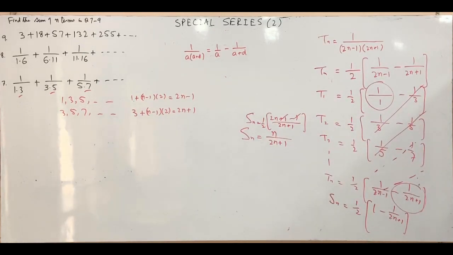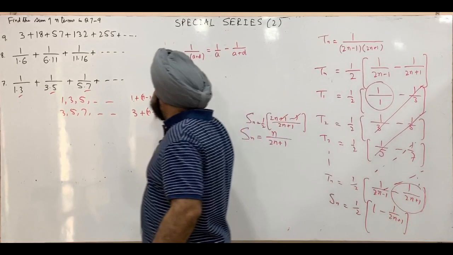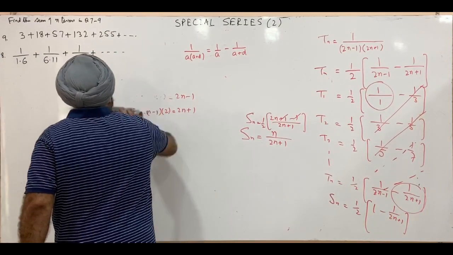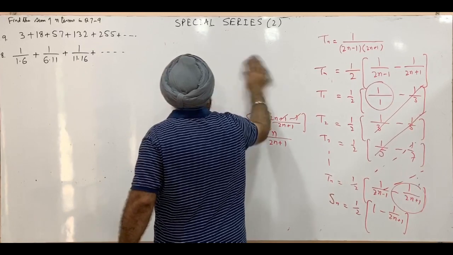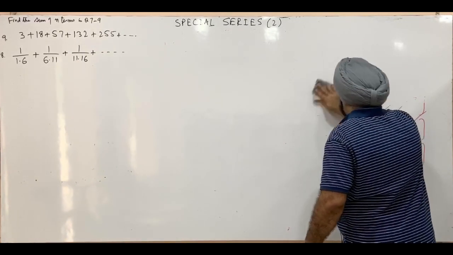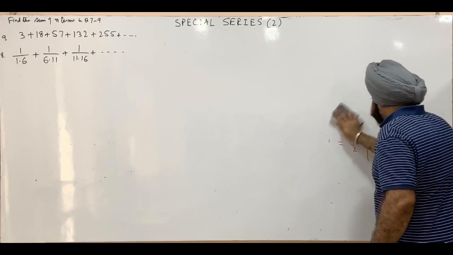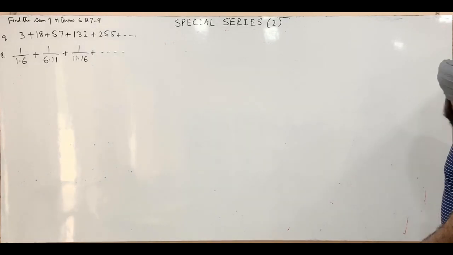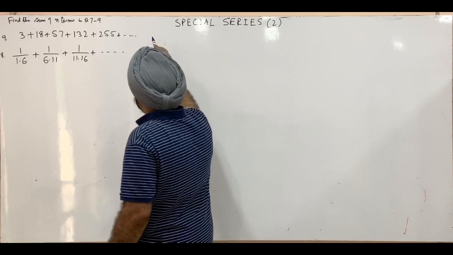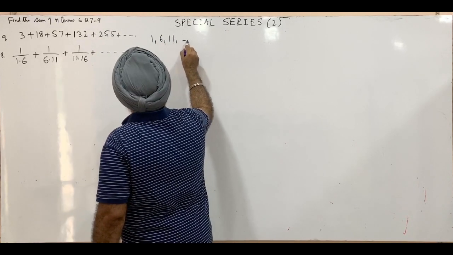The next one is very similar. We have 1 by 1 into 6 plus 1 by 6 into 11 plus 1 by 11 into 16, and so on. We need the nth term of both the factors. The first terms 1, 6, 11 and so on.